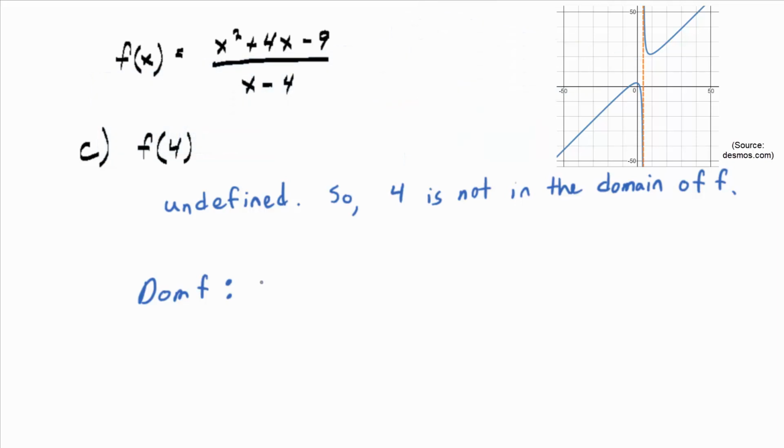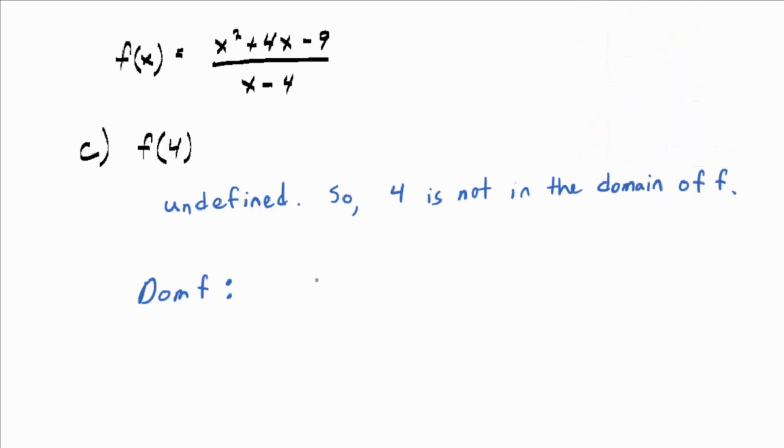Anything else that's going to cause division by 0? I don't think so. So what's the domain? Set of all x such that x does not equal 4. Using set builder notation, curly bracket, x, vertical bar, that means the set of all x such that x does not equal 4. And when we write it this way, we assume x can be any real number other than 4.